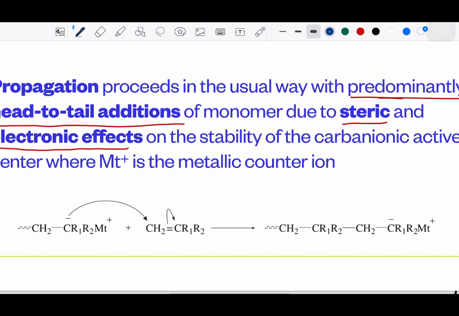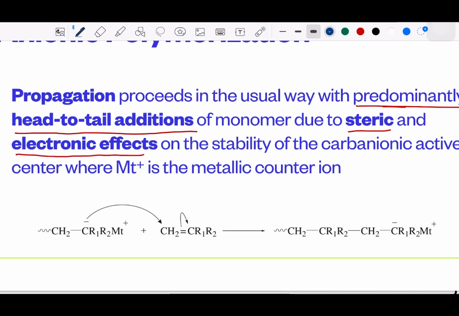So this is actually what we have seen in the butyl lithium also. So we introduce the monomer, we break the double bond, okay, and then we polymerize through the negative charge.